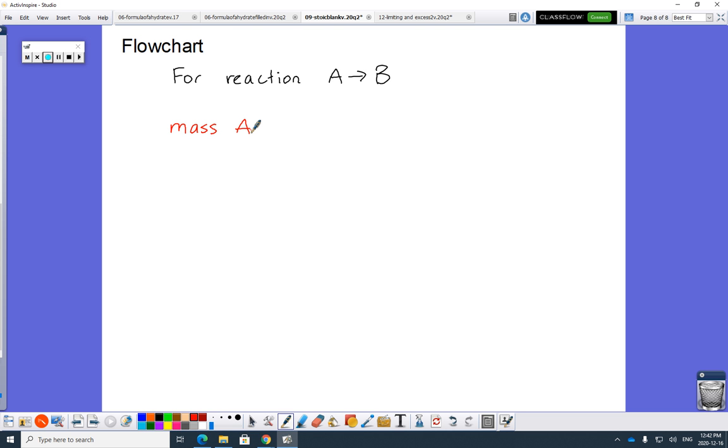So if you're given the mass of A, never ever are we going to compare mass. So we're always changing into moles.